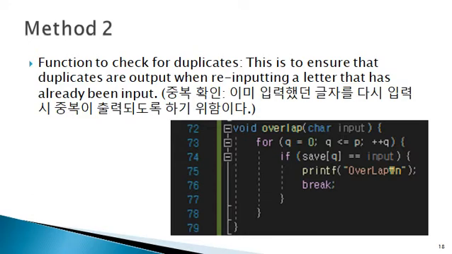Picture 5. This is a function to check for duplicates, also called overlap. This is to ensure that a duplicate message is output when we re-input a letter that has already been input.